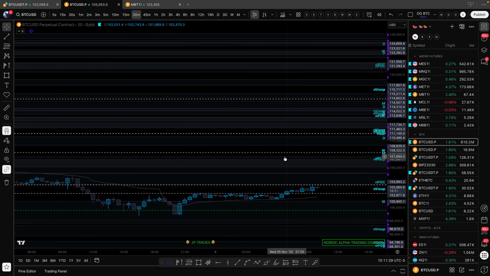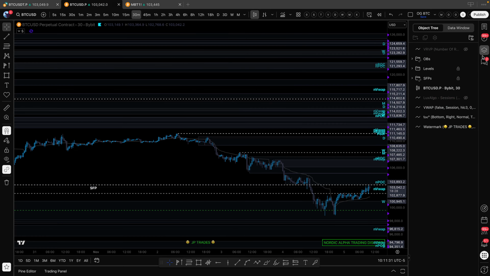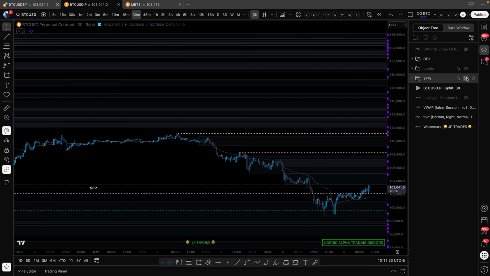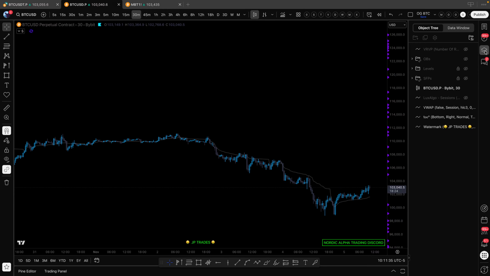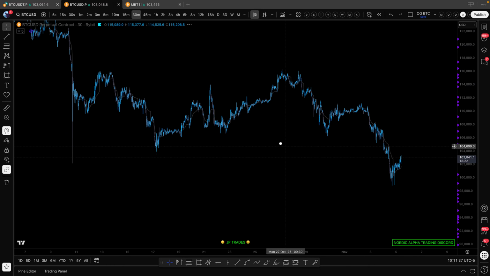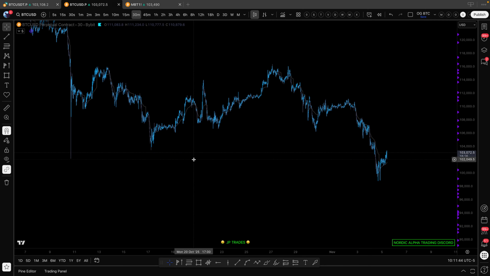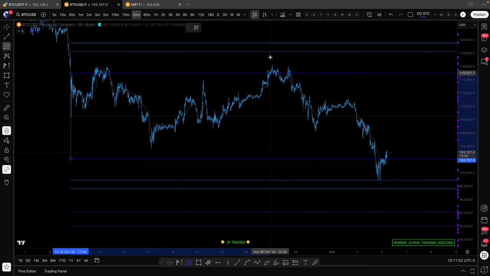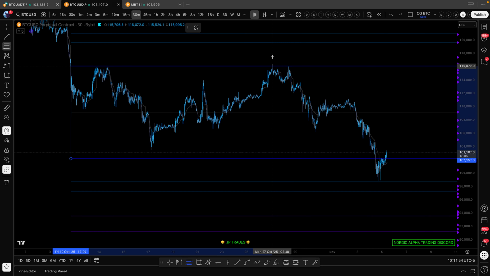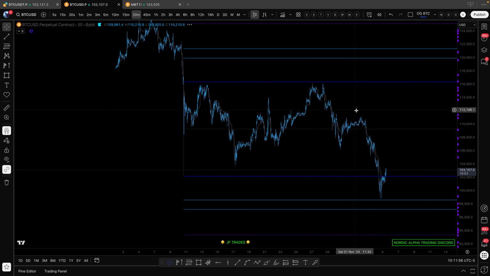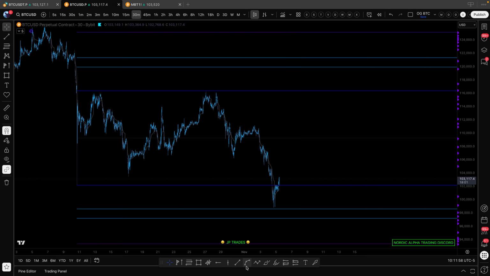Let's take a look at the 30-minute really quick, and we're going to clear everything off here. I just want to look at the candles, and I just want to look at structure. And I had already posted this this morning in the Discord, that we do have potential for a power of 3 setup to play out here.